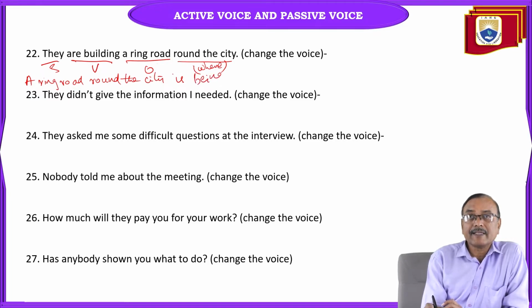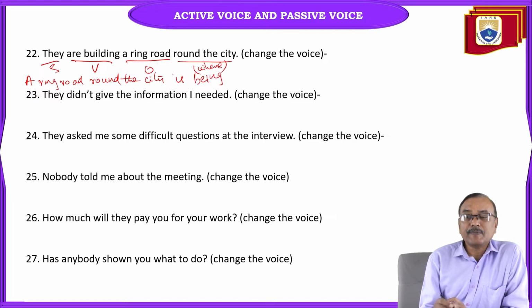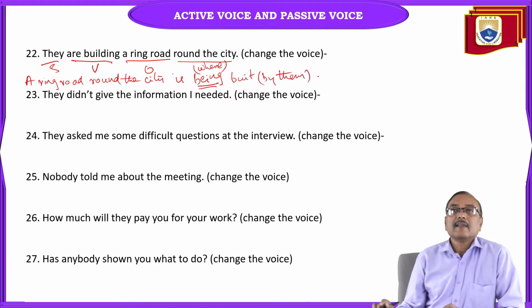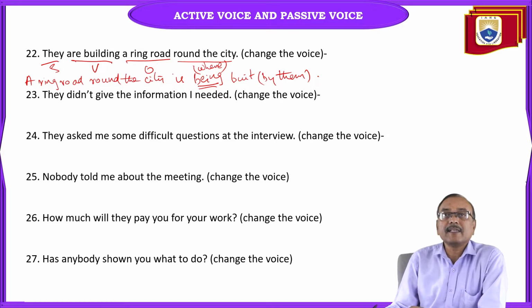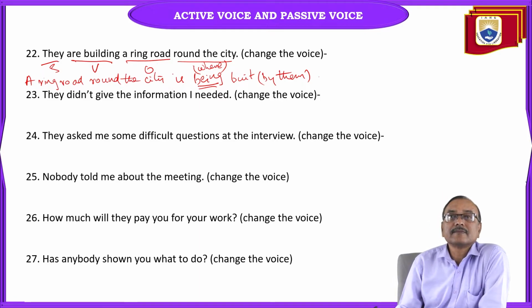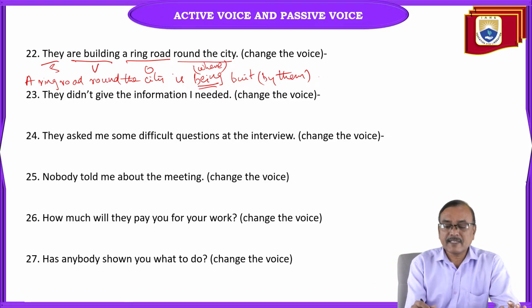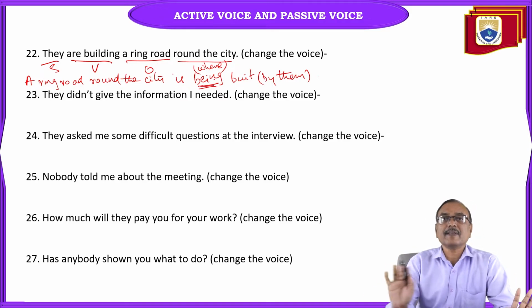Being. A ring road around the city is being built by them. By them is also not necessary. A ring road around the city is being built. Okay. So if you just remember this passive helping verb, everything will be easy.